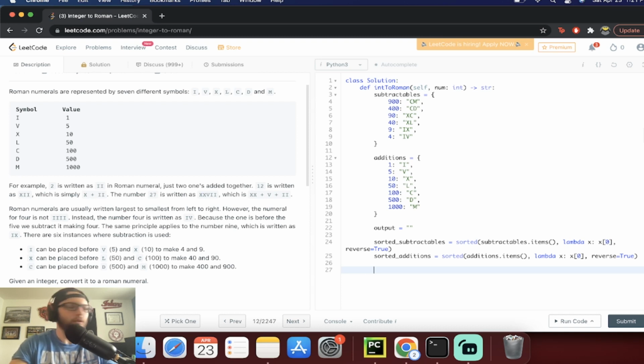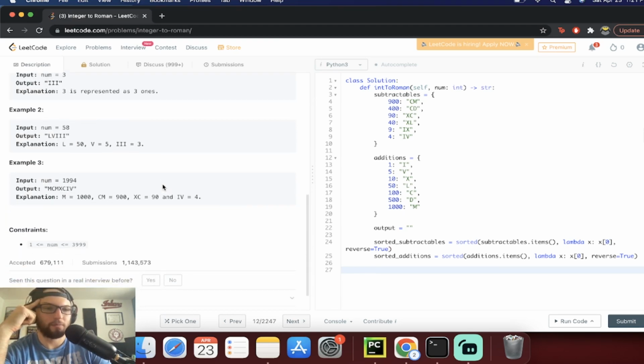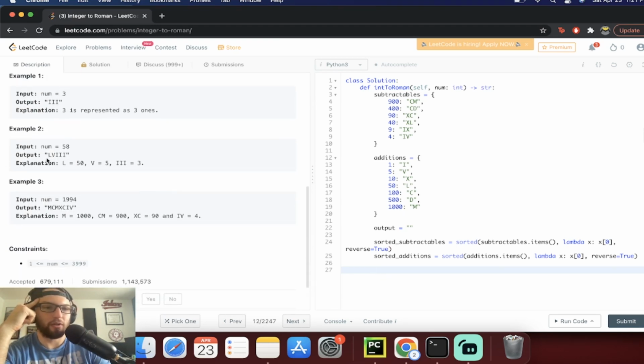So a couple of things to think about here. How would you write this? Looking over here at our examples, 58 is written as LV.